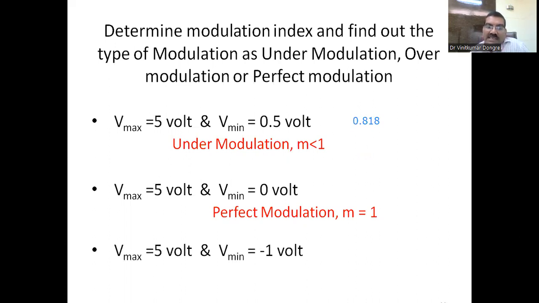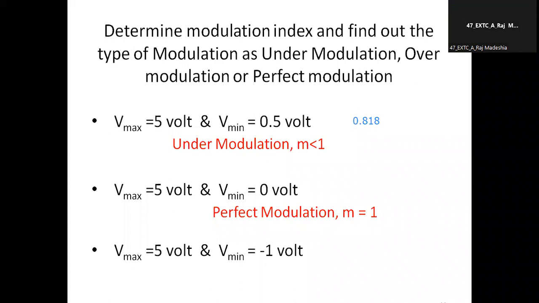So only if it is negative should you put the values in the formula. This is one example; there may be multiple. So Vmax equals 5 volt and Vmin equals minus 1, minus 2, whatever it is. Take minus 1 volt: 5 minus minus 1 upon 5 plus minus 1. 5 minus minus 1 is 6, and 5 plus minus 1 is 4.